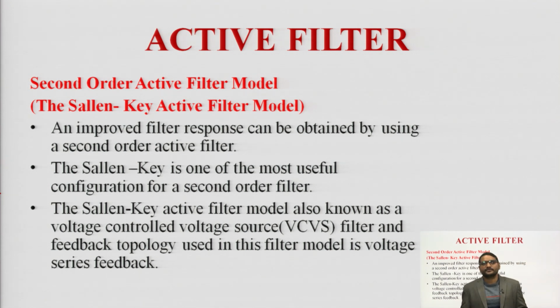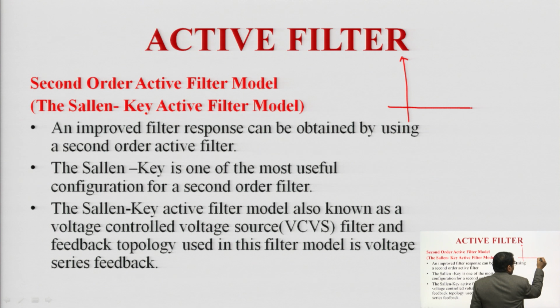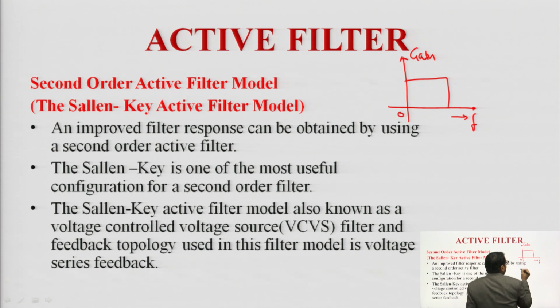So, first, what is the need to jump from a first order filter to a second order filter? If we say the ideal filter, let us suppose the gain versus frequency curve. If you consider the ideal filter, it looks like this, but it is not possible to design a sharp band or a zero stop band.